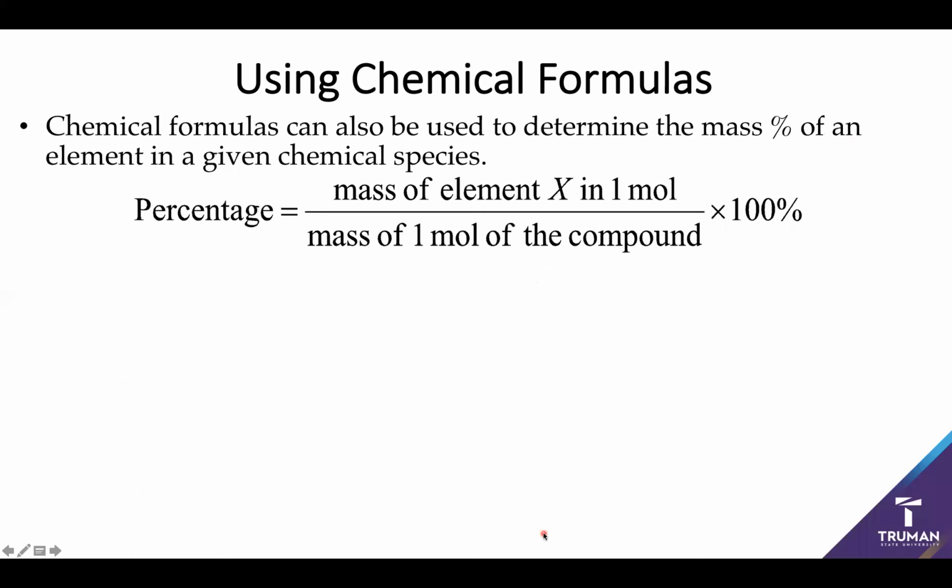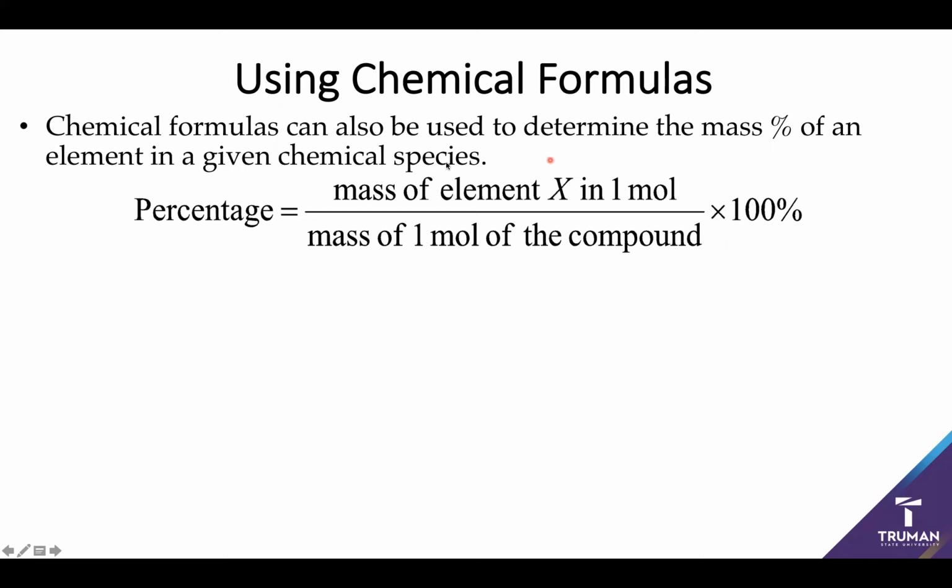Another thing we can do is use our chemical formulas to determine the mass percent of an element in a given chemical species. We've already played around with these ideas a little bit in nitrate, but now we can use this idea of the molecular formula. The basic idea of the percent weight of a substance present is that we figure out the weight of element X in 1 mole of the species, and then divide this by the total mass of the compound in 1 mole.